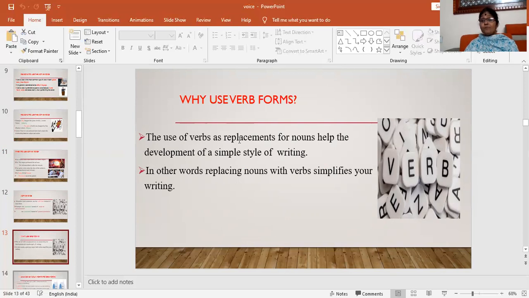In other words, replacing nouns with verbs simplifies your writing. So that is the reason why we use verb forms rather than noun forms.